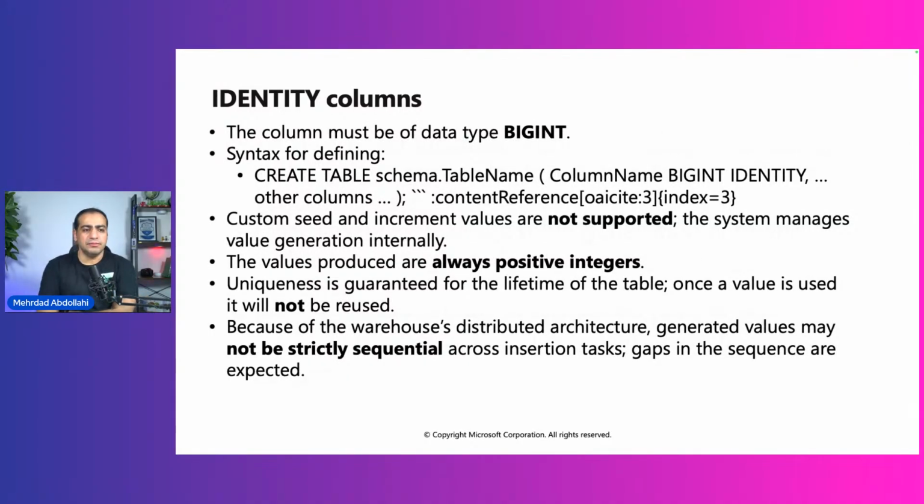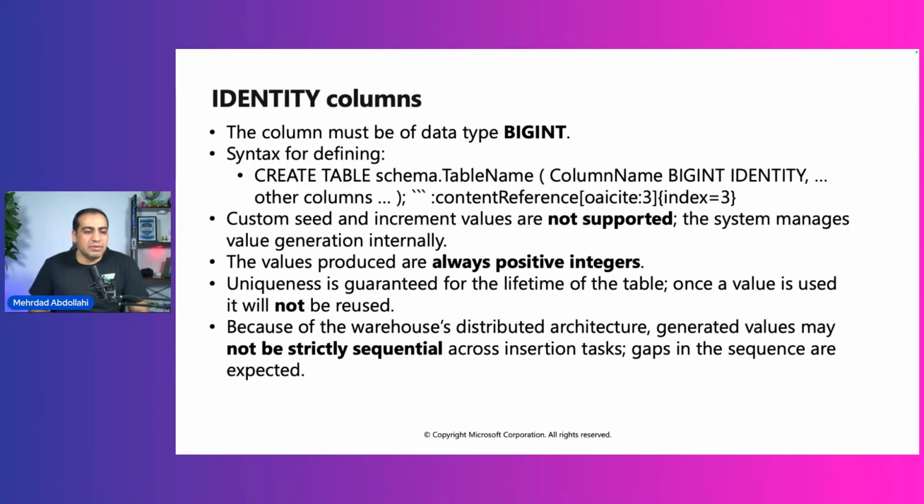The column must be of type bigint for identity, and in order to create that, you can just add it in your create statement, bigint, identity, and then you can just say not null, for example.